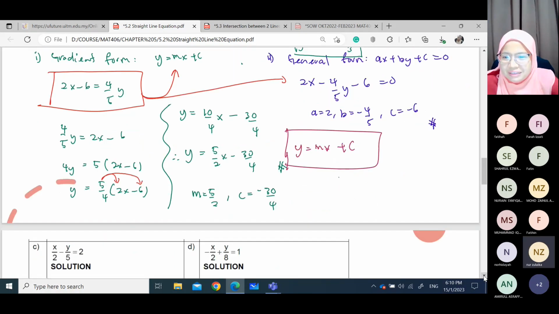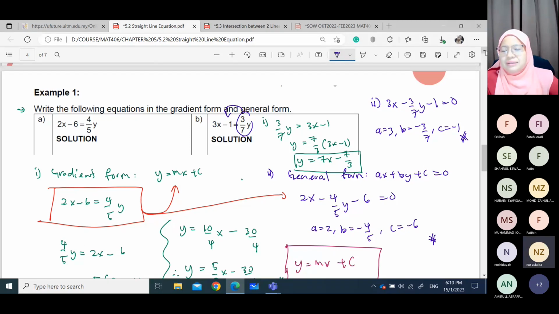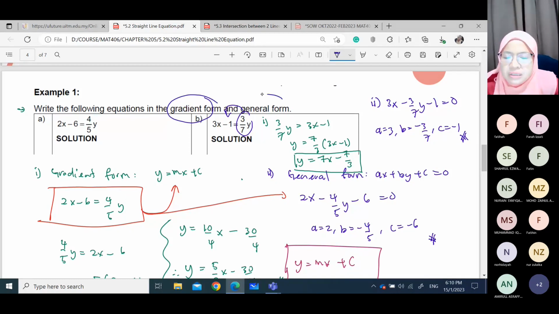Dekat part B. Okay, so I just repeat. So untuk part B ni kita ini yang diberilah equation ni 3x minus 1 equivalent to 3 over 7y. Okay, so based on this equation we need to write the equation in a gradient form and in general form.